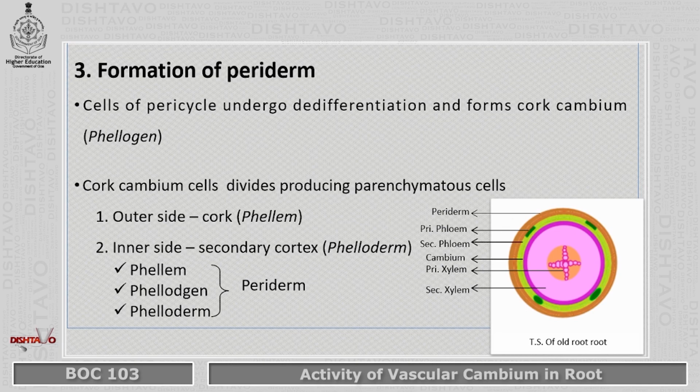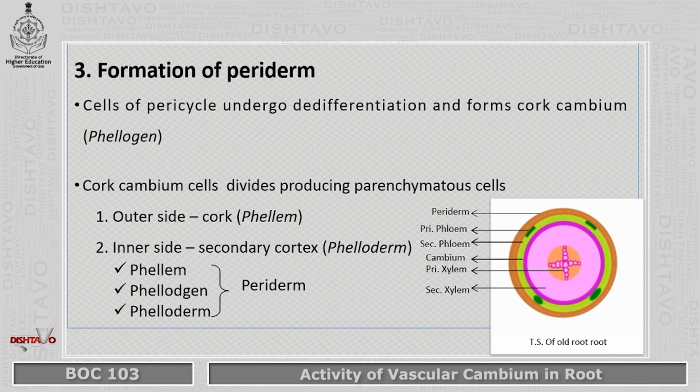The third step in secondary growth of root is the formation of periderm. In this case, unlike the stem, the cells of pericycle will undergo dedifferentiation and form cork cambium, which is also called as phellogen.